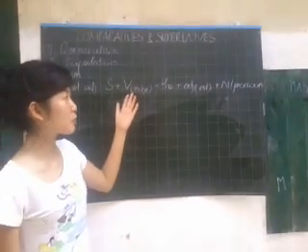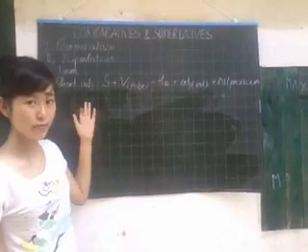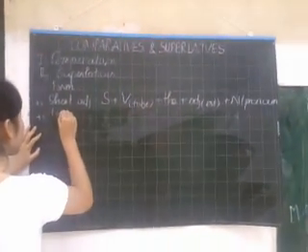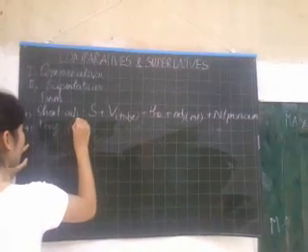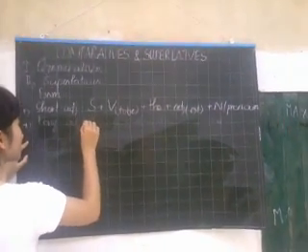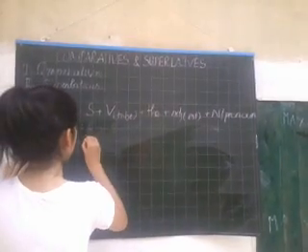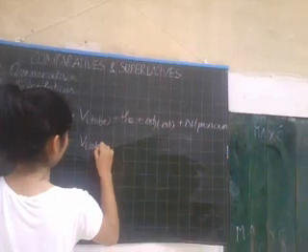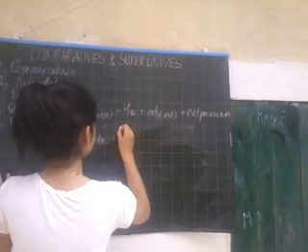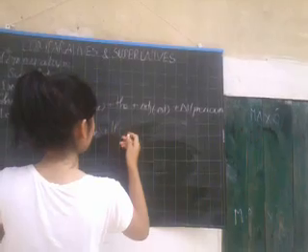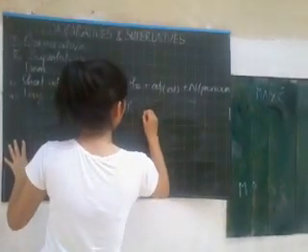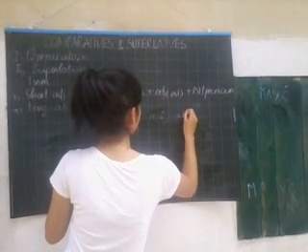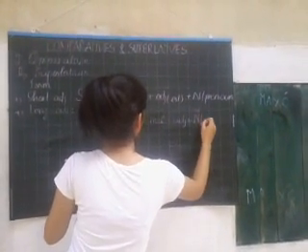I have just written for you the form of short adjective. Now let's move on to the form of long adjective. Long adjective has subject, verb to be, the article the, most, and adjective, and noun or pronoun.